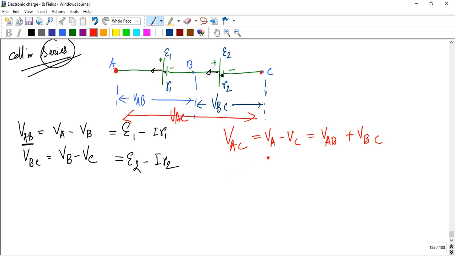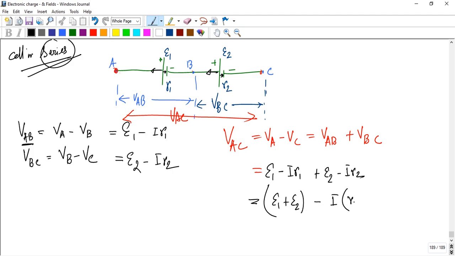So VAC is VAB, which is EMF 1 minus I R1, plus VBC, which is EMF 2 minus I R2. Finally we get EMF 1 plus EMF 2 minus I times (R1 plus R2).